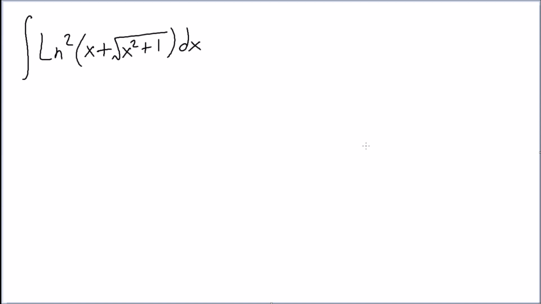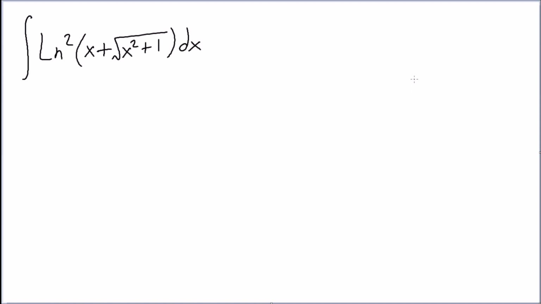ln of x plus the square root of x squared plus 1, squared. So we definitely don't want to do integration by parts, and I don't know how you can u-sub this either.